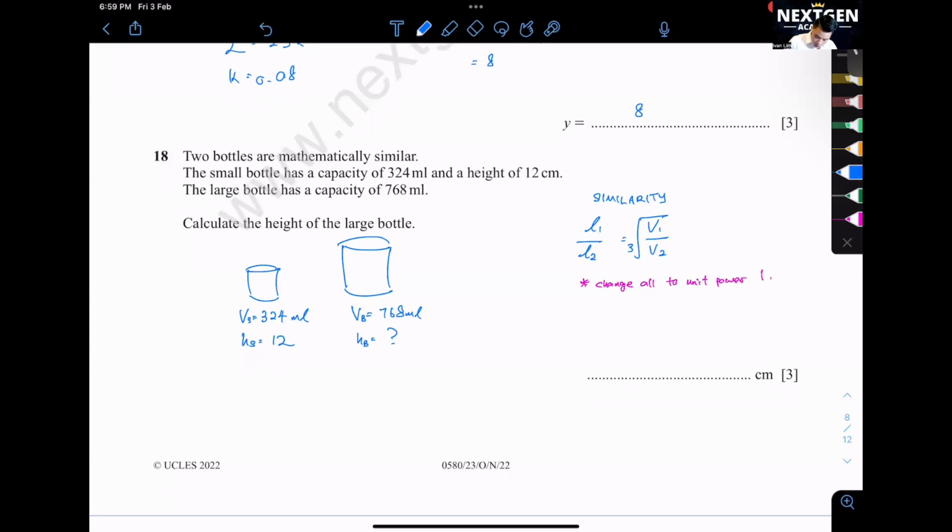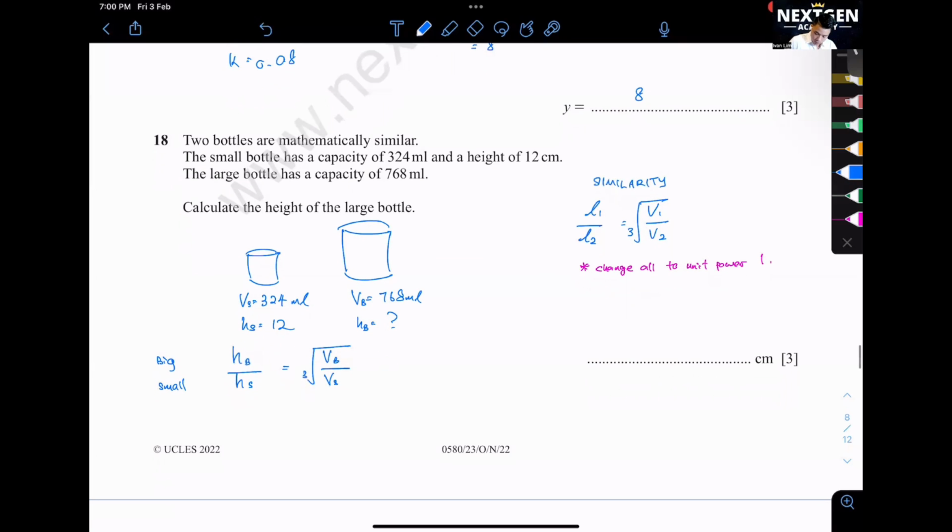So what I will do is put HB over HS. The big I'll put on top, small at the bottom, equals cube root of VB over VS. HB, I don't know what it is.